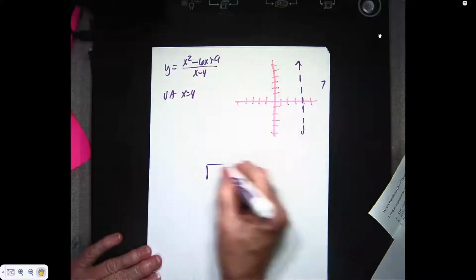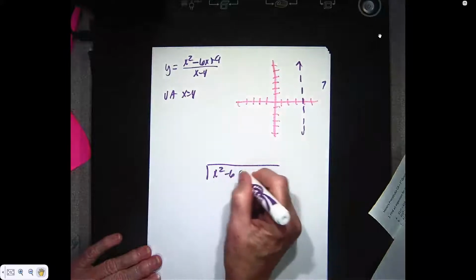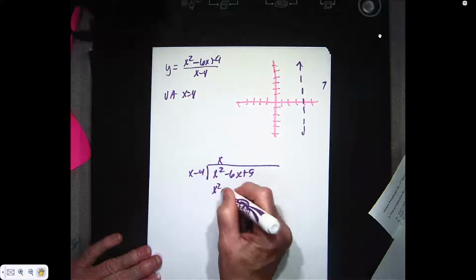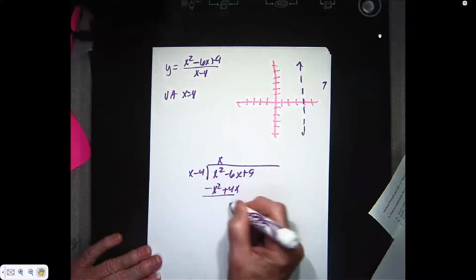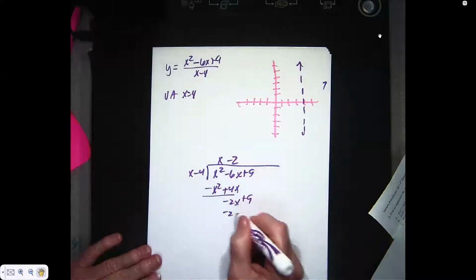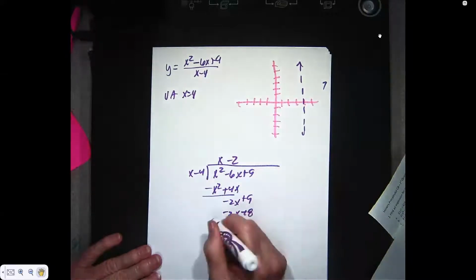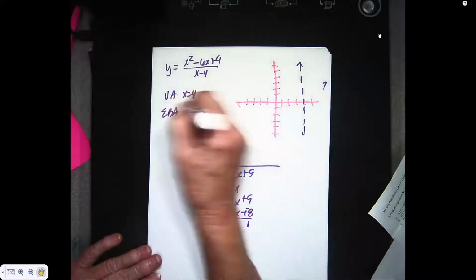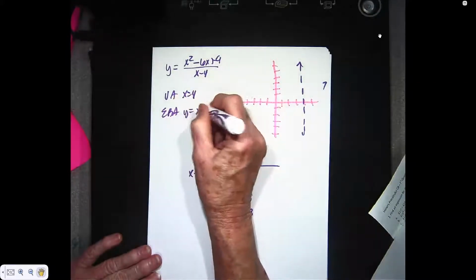Doing my long division. Carefully running through that problem. So my slant asymptote is y equals x minus 2.